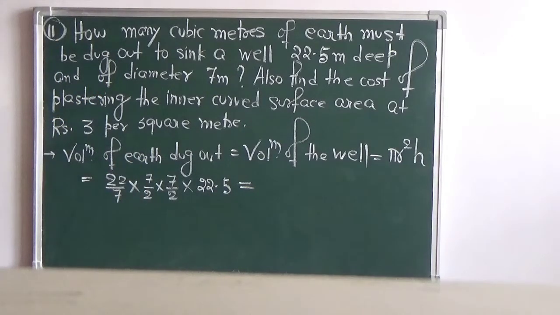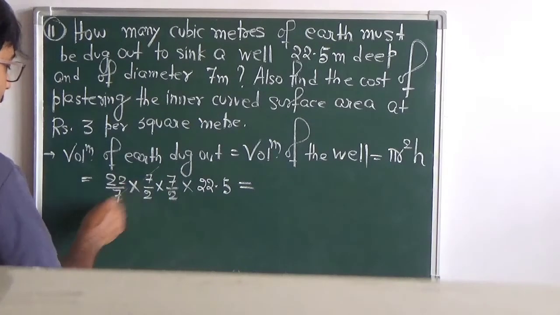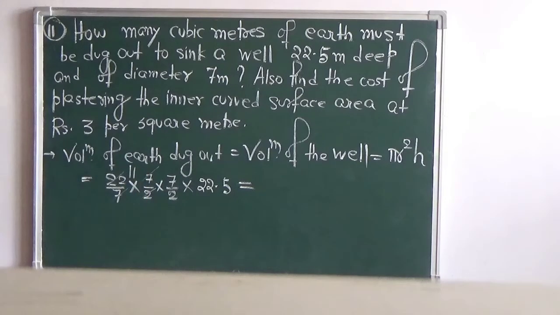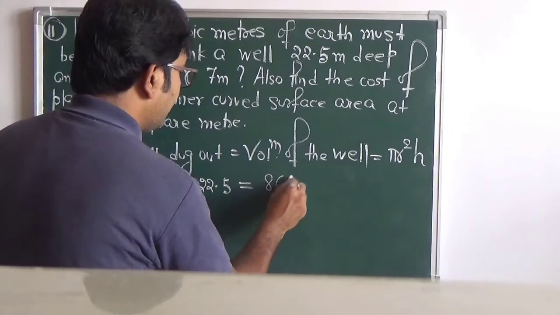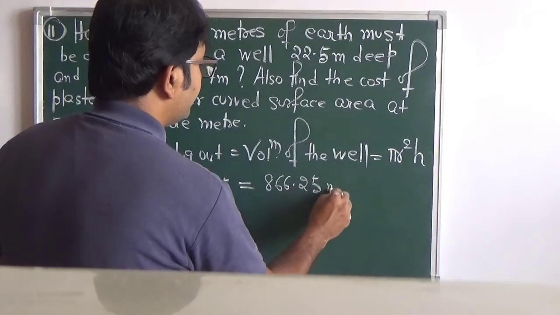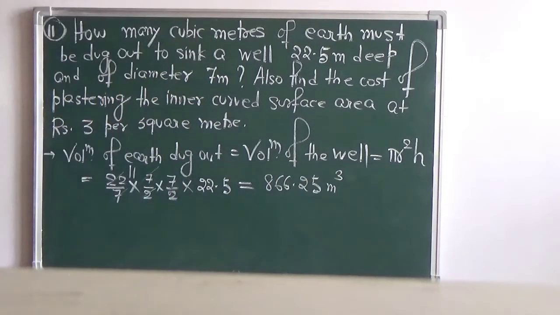Just again try to calculate this. If we cancel this 7, this will be cancelled as 11. So it is 77 multiplied by 22.5, and that is divided by 2. It's 866.25 meter cube. So this is the volume of the earth dug out.